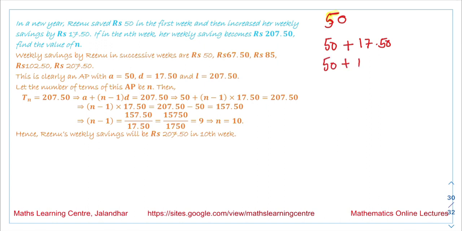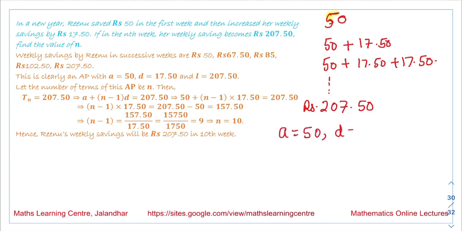Next it will be 17.50 more. Likewise we have to find in which week her saving will be 207.50 rupees. So the value of A we have is 50, D is 17.50, and T n we have is 207.50.